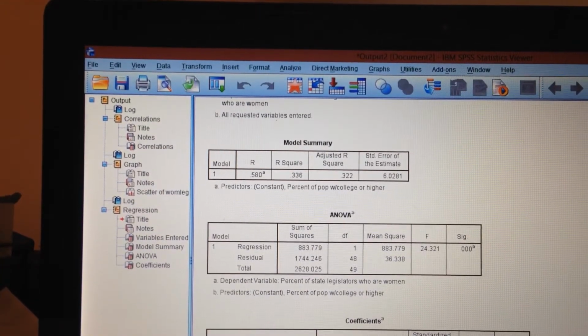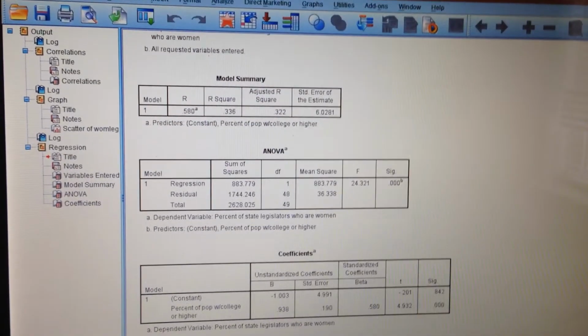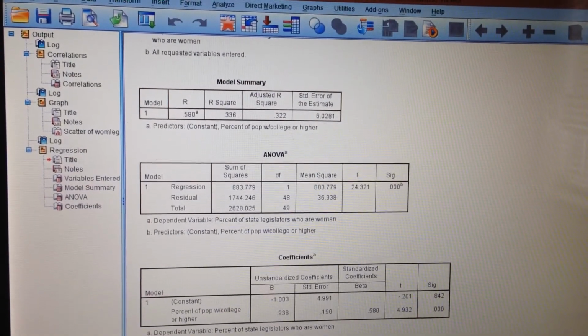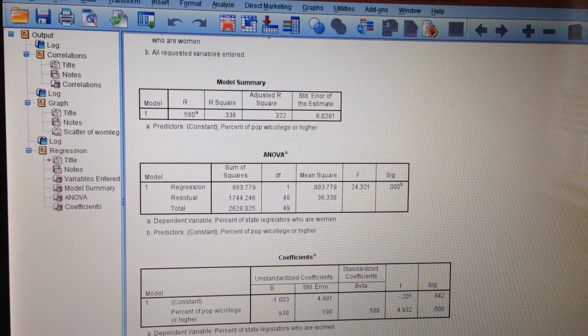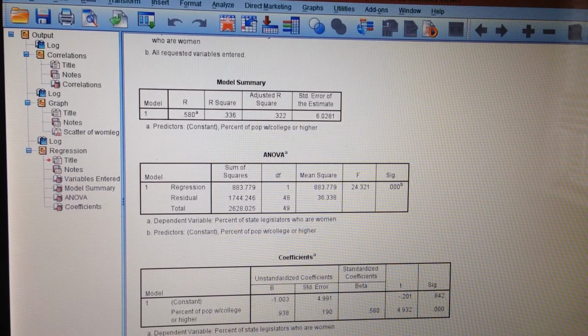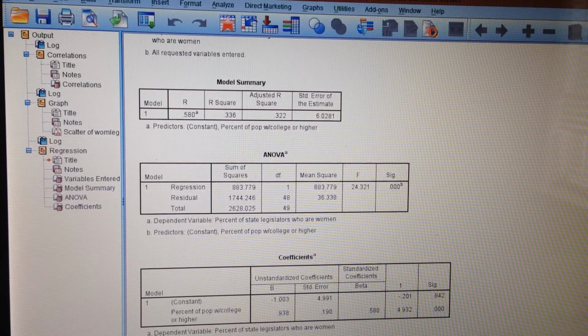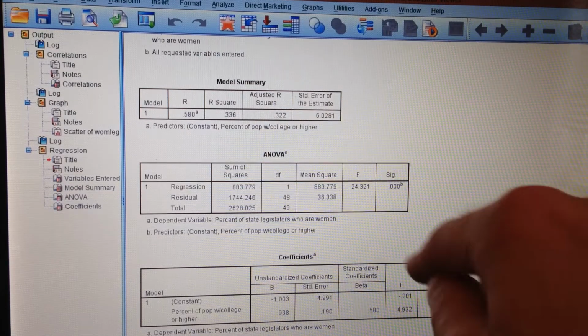Now, I'm going to scroll down here. When we're doing regression analysis, I want you to look at three things. The first thing that you always look at when you do statistics with me is the standard error.